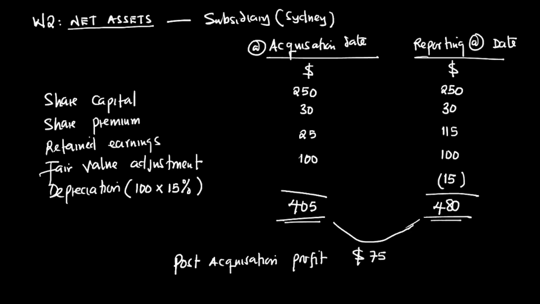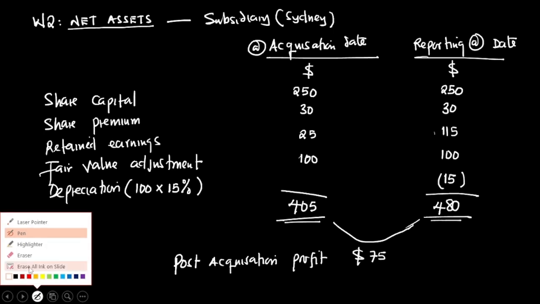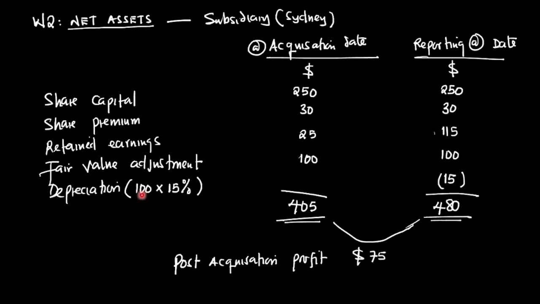Now alternatively, this is how it can be calculated. Just check on this working, the retained earnings working per reporting date. We have 115. So this is the retained earnings at the date we are reporting. Now you need to understand that profit is cumulative, meaning the profit we found at the date of acquisition is also sitting in there, which is the 25 there.